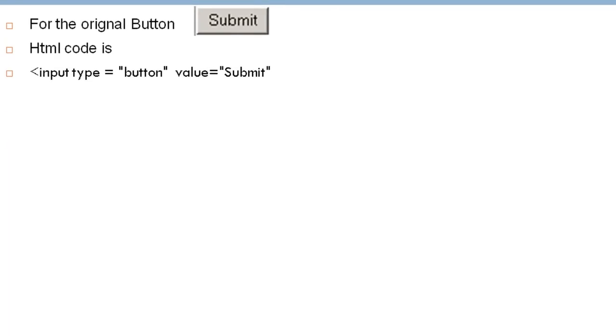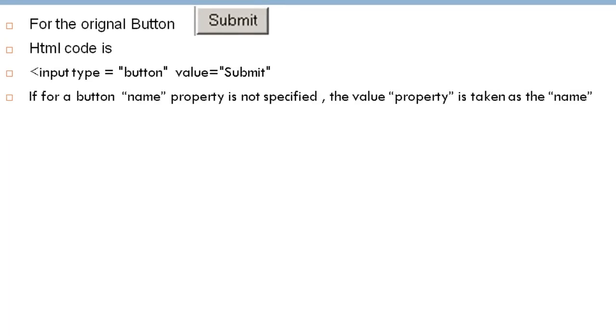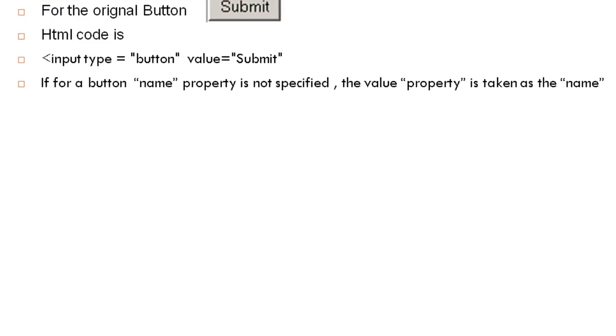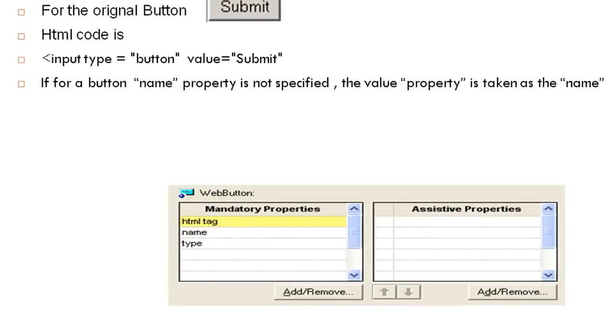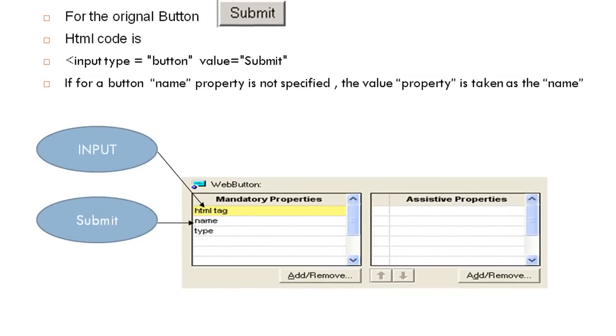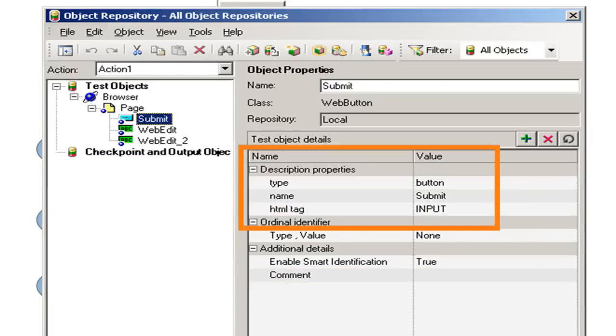If for a button, name property is not specified, the value property is taken as the name property. As far as the object identification properties, HTML tag input, name which is actually value property as submit, type as button, it's stored in the object repository along with the class of the object.